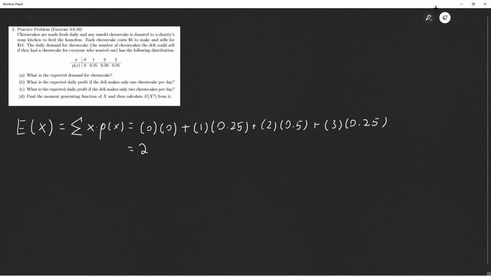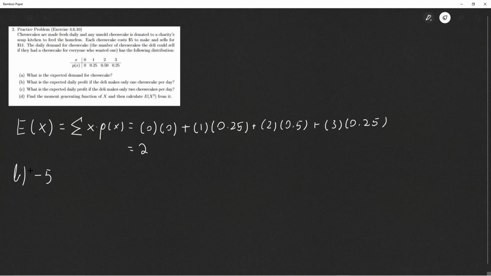So now, for part B, we want to find the expected daily profit if the deli makes only one cheesecake per day. So how this will work is we know that each cheesecake costs $5 to make. So for part B, we're starting off with negative $5 because we're automatically making one cheesecake and we're selling it for $11.